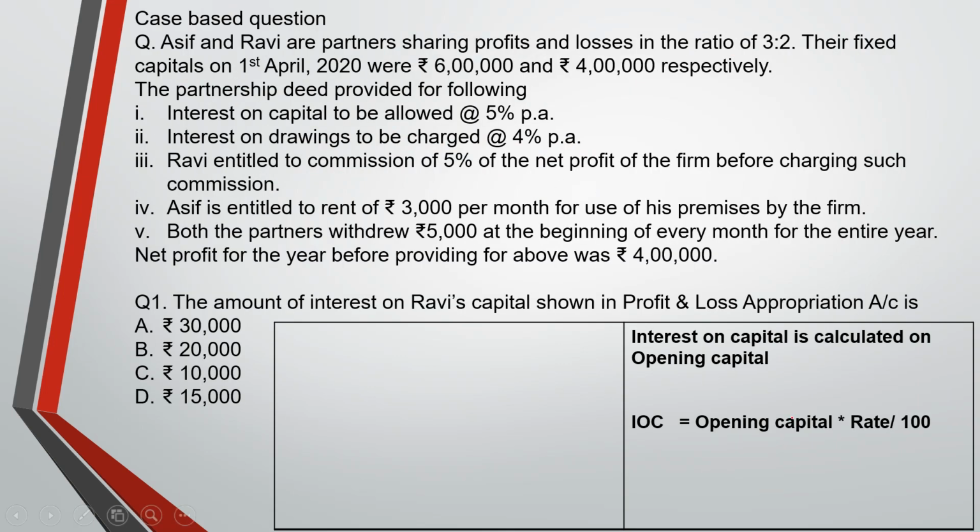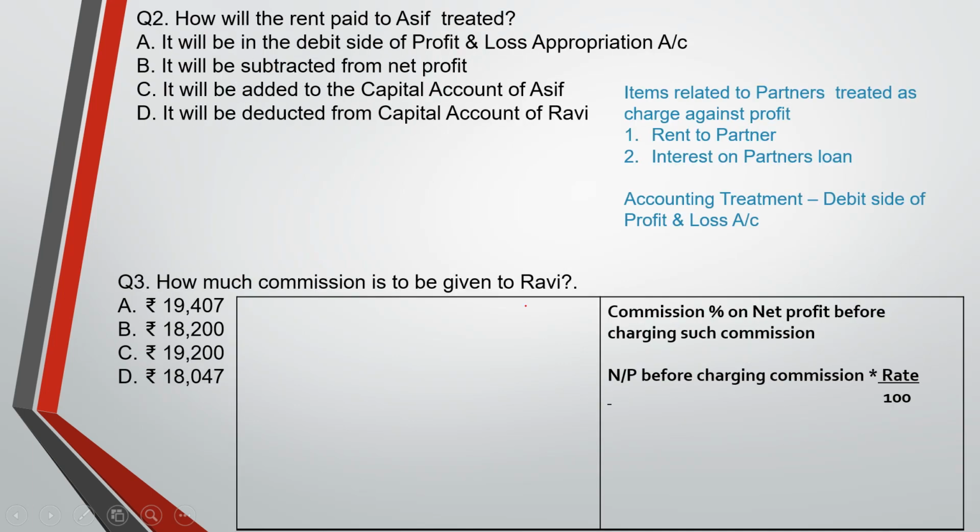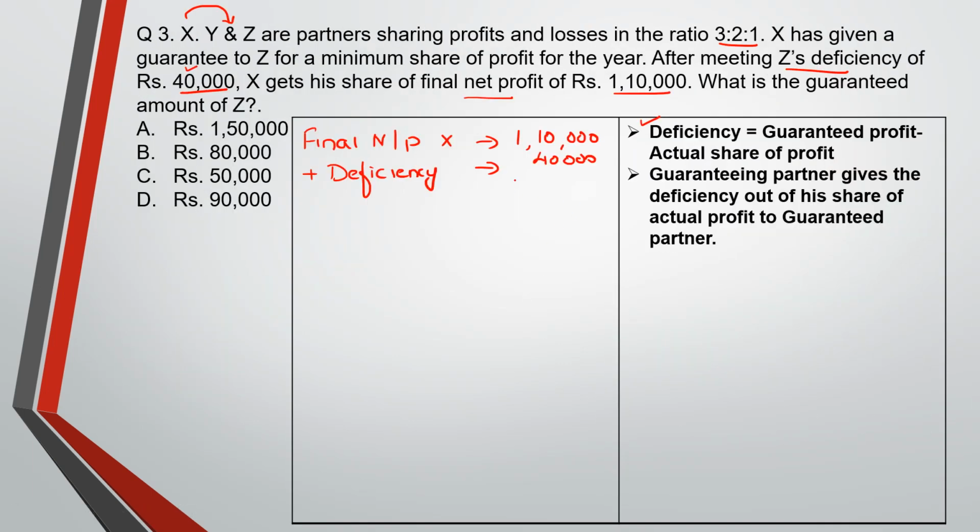So the amount of the actual share of profit before the deficiency of X was 1 lakh 50, and this he was getting as 3/6 share. So X was getting for his 3/6 share rupees 1 lakh 50,000 as net profit.